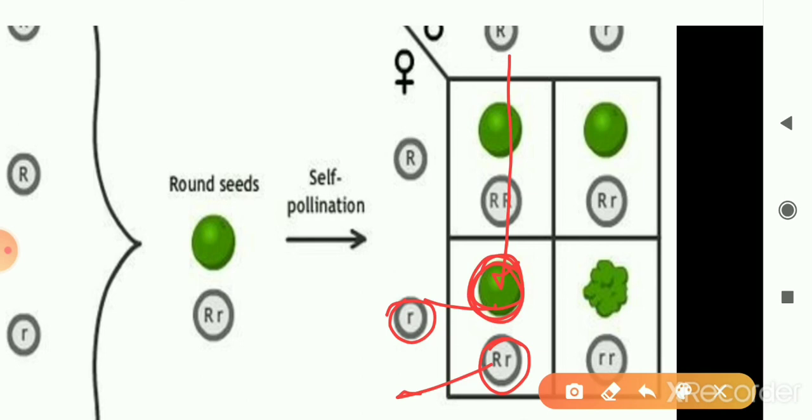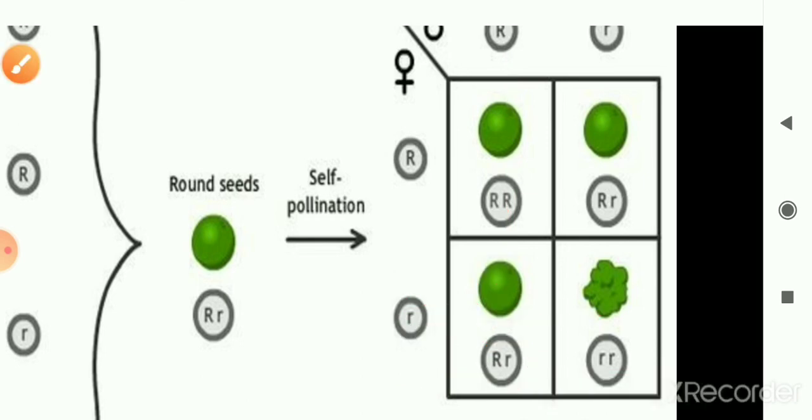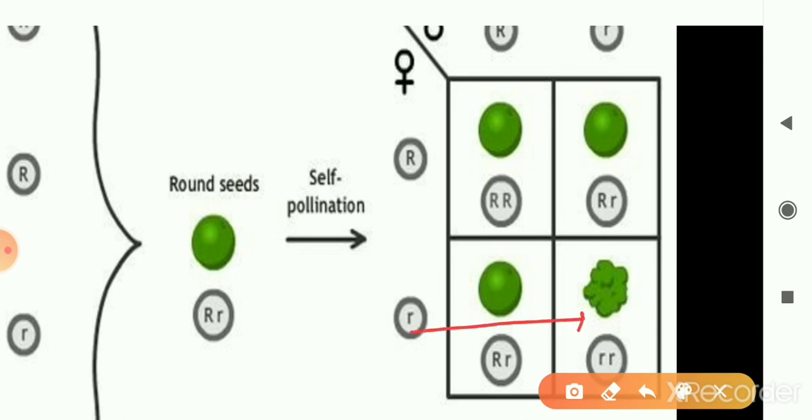And if fertilization is such that a gamete carrying the factor for wrinkled shape fuses with another gamete having a factor for wrinkled shape, then the genetic makeup of the individual for the shape of the seed will be two factors for wrinkle, and so its shape will be wrinkled.